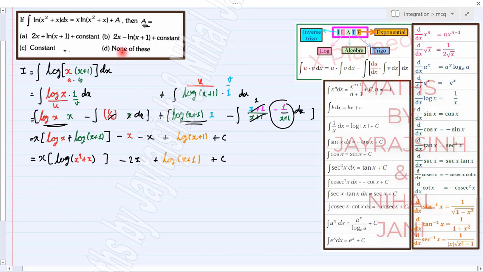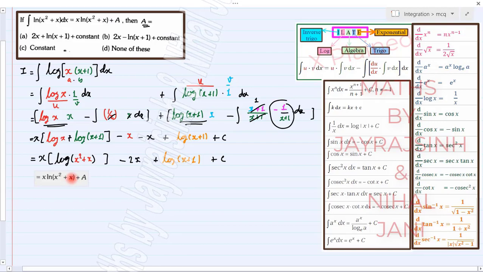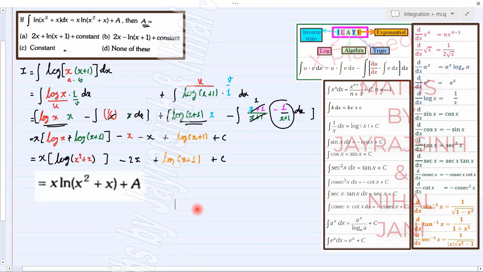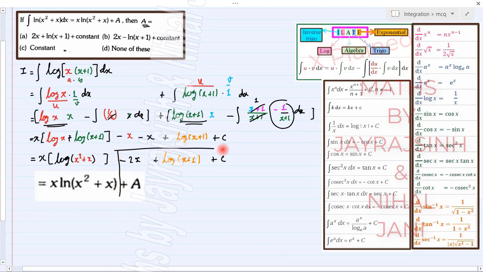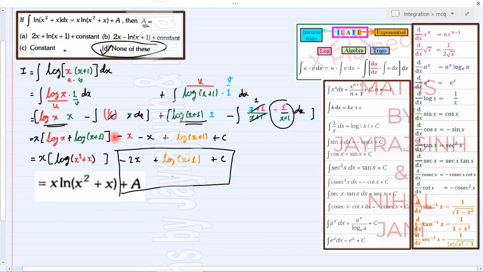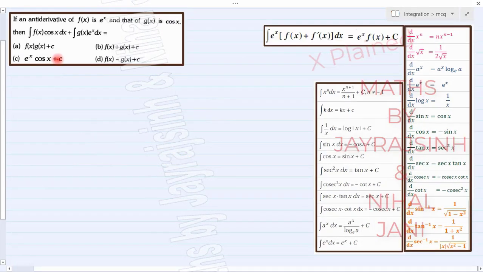Now let's compare with the given right hand side. So we can say your a is minus 2x plus log of x plus 1 plus c, which is not given in a, b or c. So option D will be selected as the correct answer.